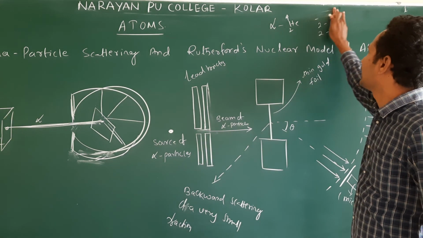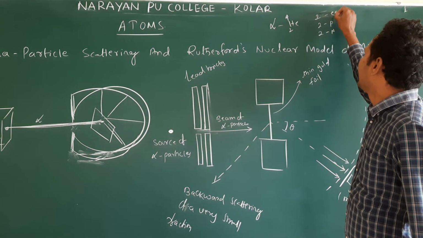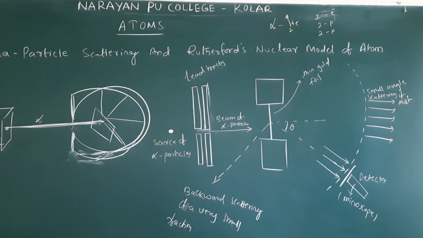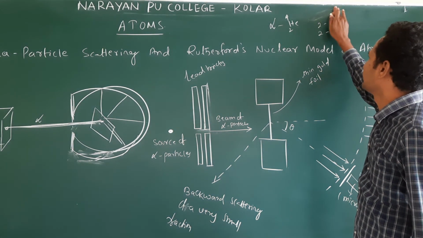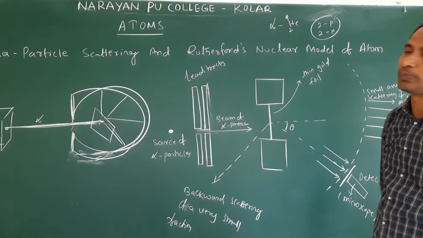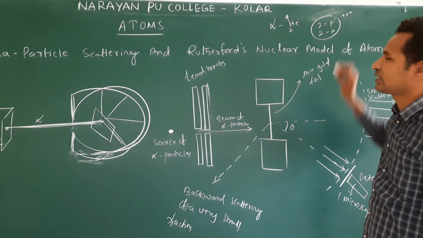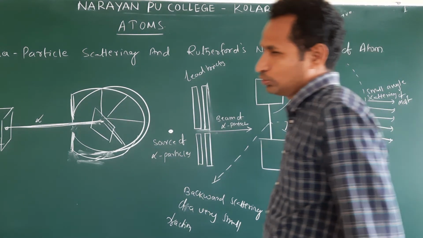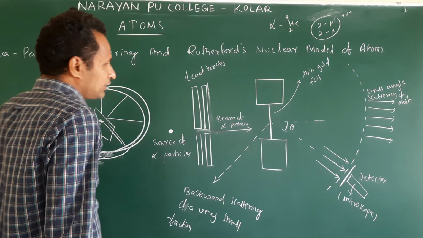If you have 2 electrons and 2 protons, 2 positive charges and 2 negative charges, it is electrically neutral. If you remove the electrons, what would be the charge of helium? Positive, because only protons are there. So an alpha particle is nothing but a flow of positive charges, right?